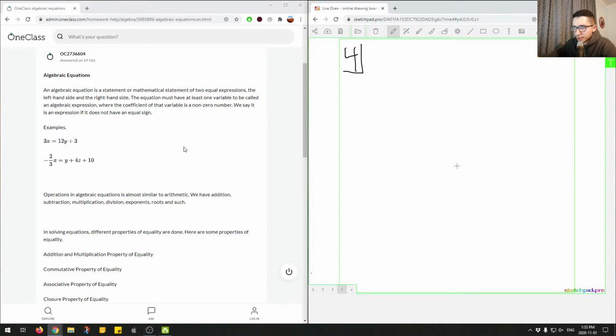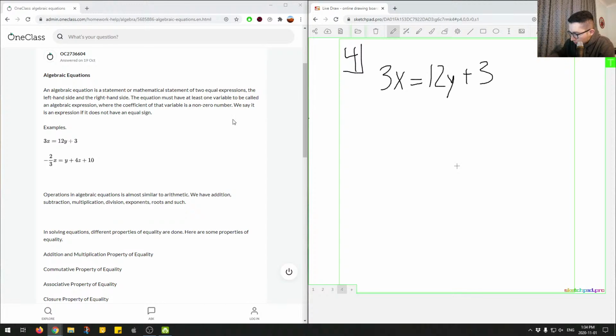Let's take this equation right here. If we had 3x equals 12y plus 3, and we're asked to isolate for x, what does x equal in this scenario? What you'd have to do is divide both sides by 3.